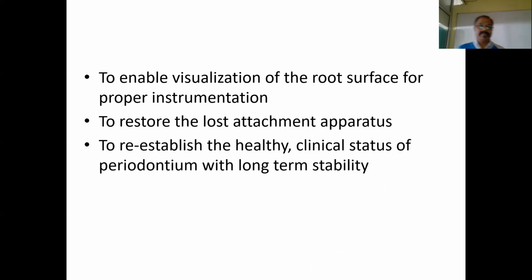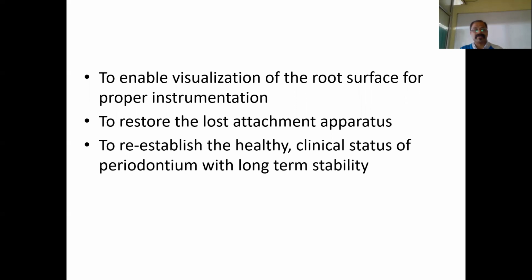So let us see what is the rationale of periodontal flap surgical procedures. The first and foremost thing is to enable visualization of the root surface for complete root debridement. That is the first rationale. The second one is, whenever the attachment apparatus has been lost due to periodontal diseases, one of the objectives is that when we do a periodontal surgical procedure, we also do additive osseous surgery along with that.